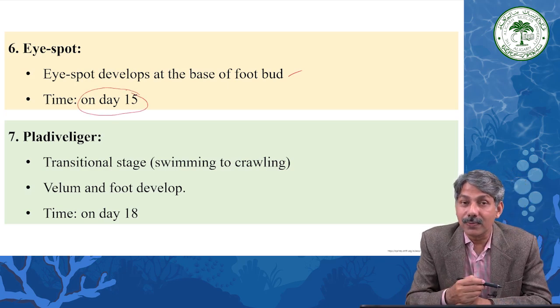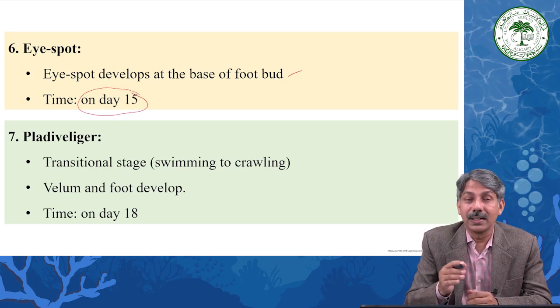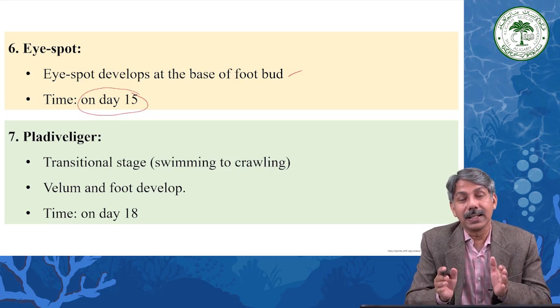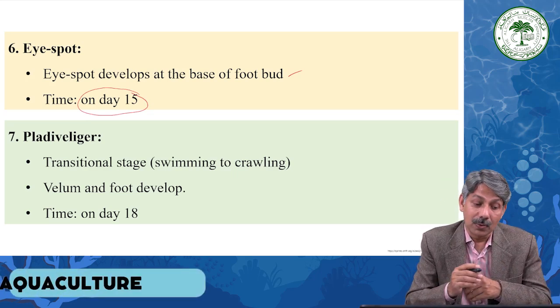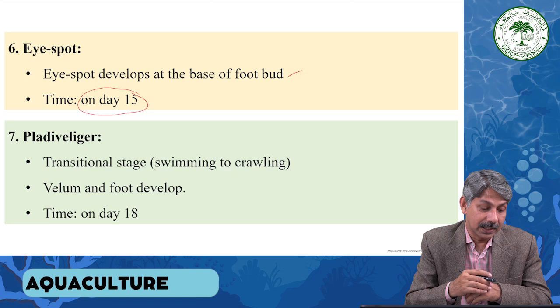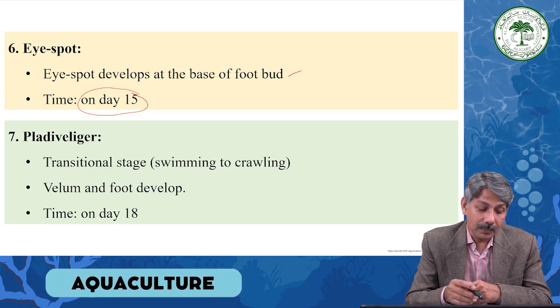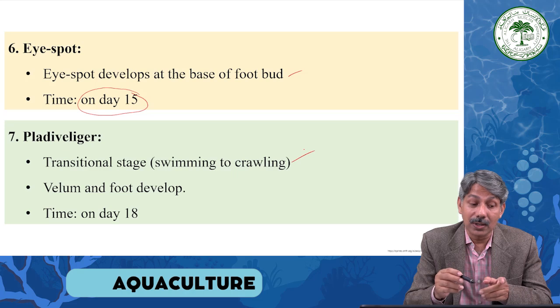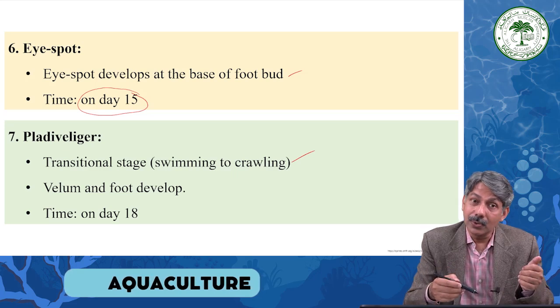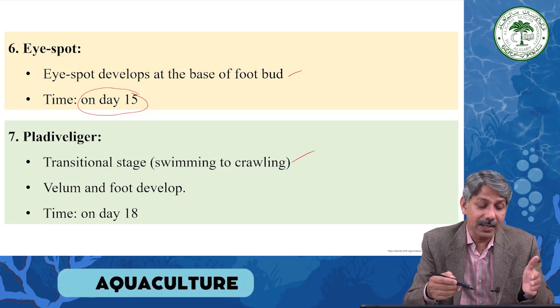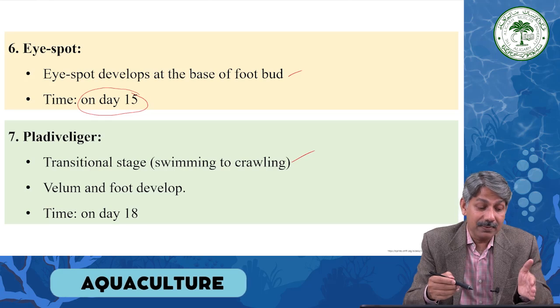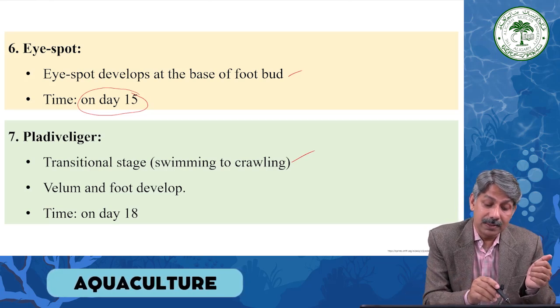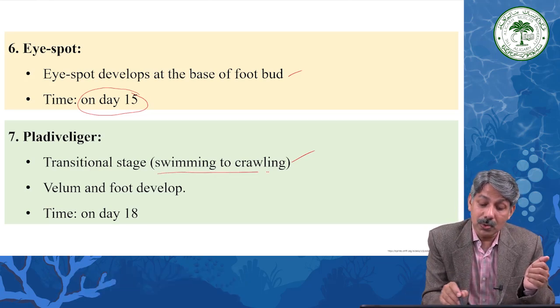These timelines are also very important, but they depend on the conditions prevailing in the particular region where these studies have been undertaken. Platyveliger, transitional stage, swimming to crawling. The eye spot stage has developed into the platyveliger stage. This platyveliger stage shows a transitional stage from swimming to crawling.